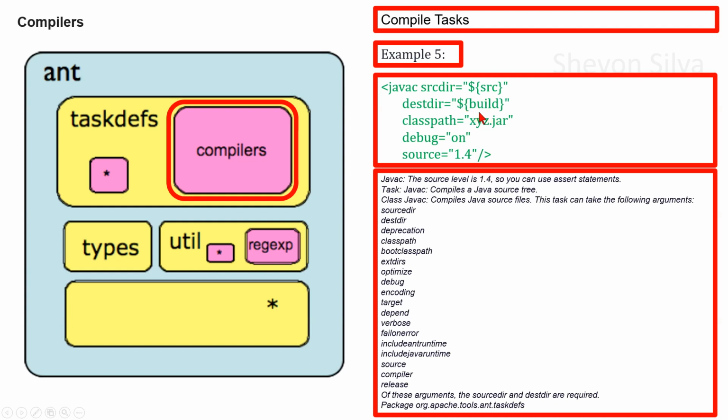The classpath is used to indicate xyz.jar, and compiling with debug information is on. The source level is 1.4, so you can use assert statements.